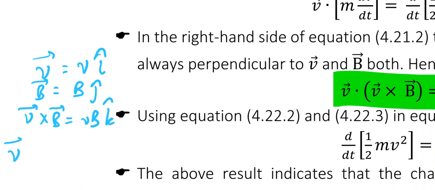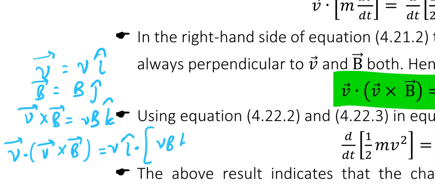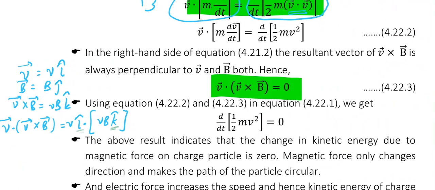Now, what if you take v dot v cross B? Then what you are talking about is i dot vB k cap, and what will you get if you take i dot k? It will be 0. So this right hand side will always be 0, and the left hand side is d by dt of half mv square.